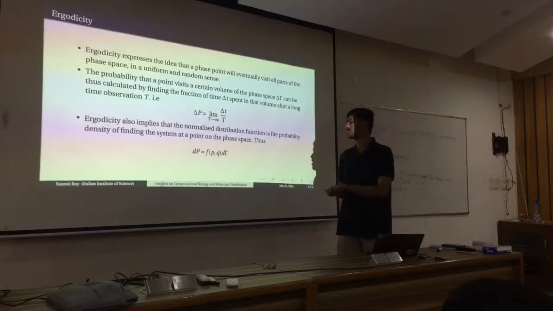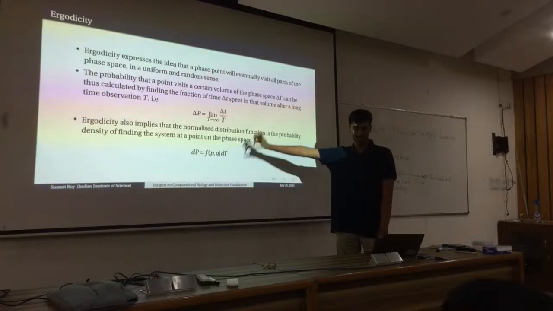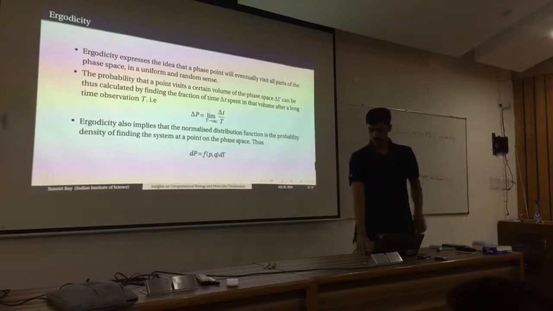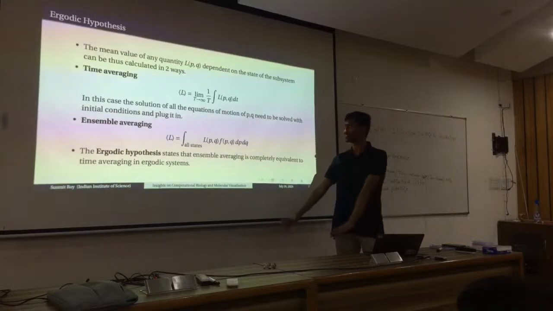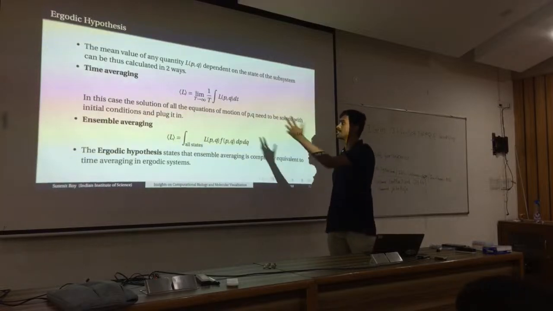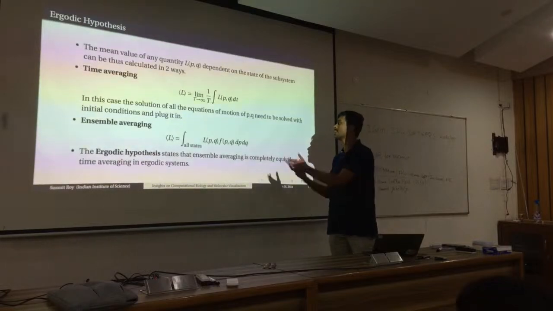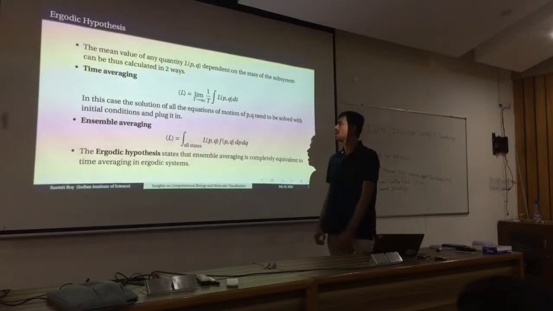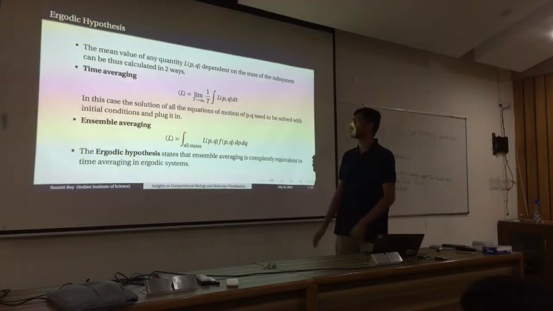Also, you can find that probability by multiplying the phase space density times the volume in which you are interested. So if you have these two ways of calculating probabilities, you will have two ways of averaging quantities. The first way is time averaging, where you measure the variation of a quantity with time, which I call L. L is any observable, and you divide by T, and you observe over a long time.